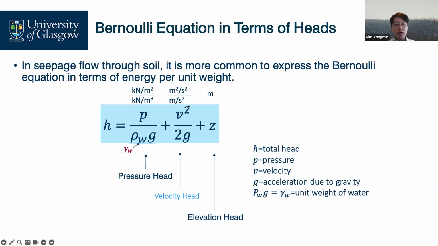The velocity squared over 2g also cancels out, so this term is also meter. Then z is the elevation from the datum, so it is also meter. That's why in the Bernoulli equation, the total head H is pressure head plus velocity head plus elevation head.